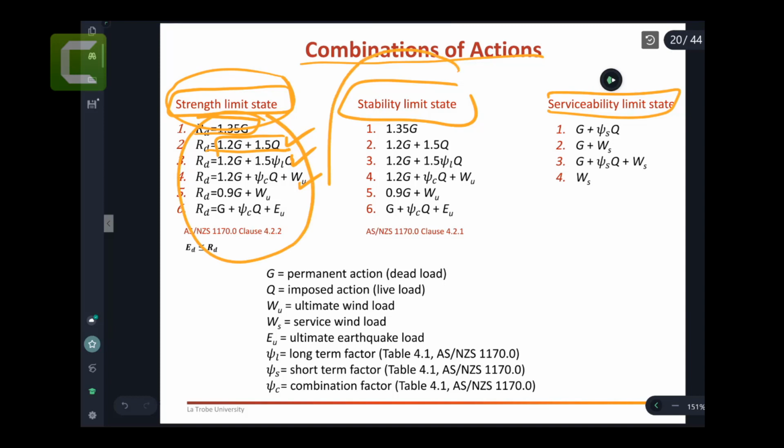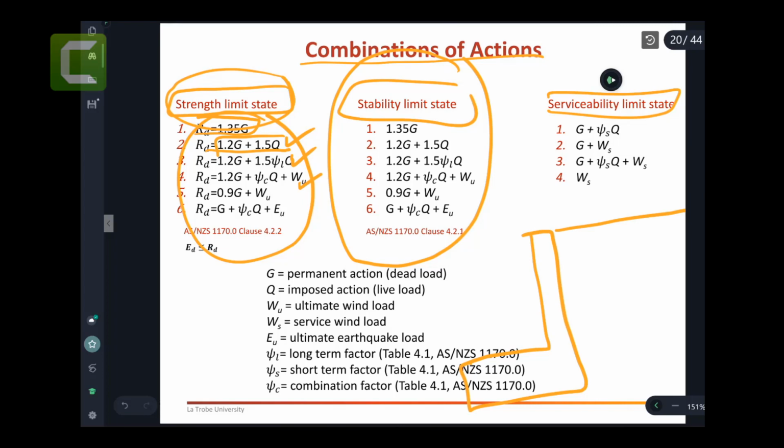If you're designing the stability of the beam, stability means the structure will not overturn. For example, a retaining wall like this, you've got a high ground and a low ground. You may see this in a garden or in the street.